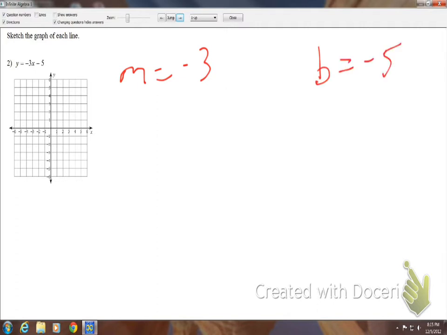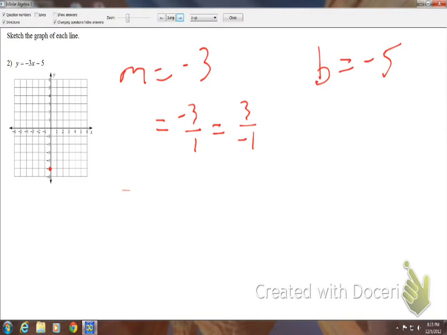So I'm going to start again down here at -5 and put a point right on my y-axis. Now my slope needs to be a fraction, so I'm going to write -3 as -3/1, or I can write it as 3/-1.